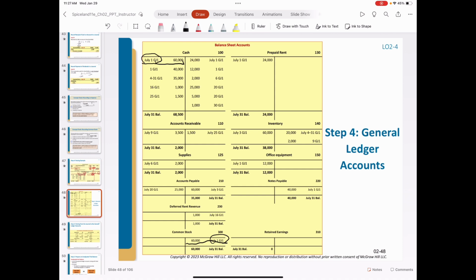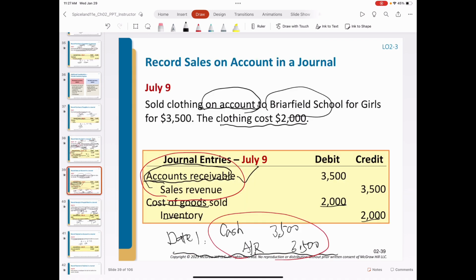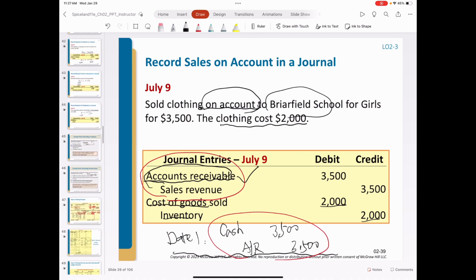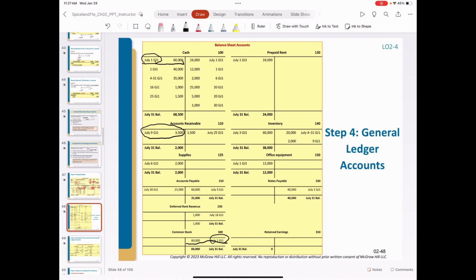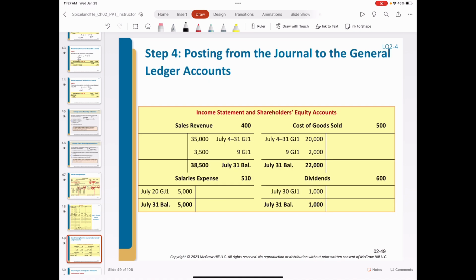Another example, accounts receivable on July 9th. On July 9th, the company has sales on account. We debit $3,500 to accounts receivable, and at the same time we credit sales revenue. To post the information from this journal entry, here we debit accounts receivable, and the credit to sales revenue is on the next page, this one.